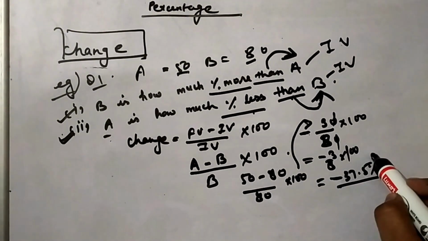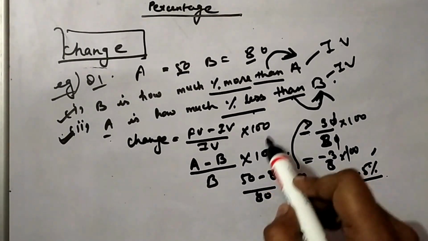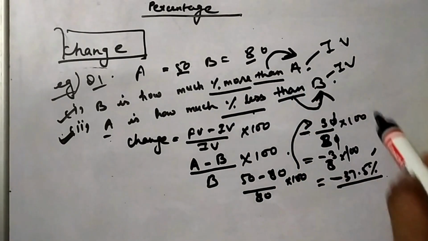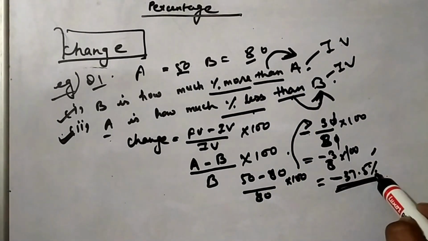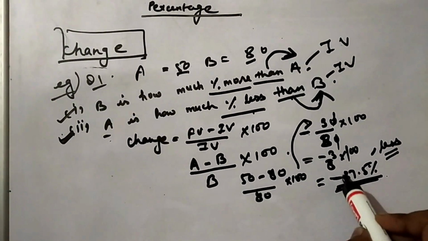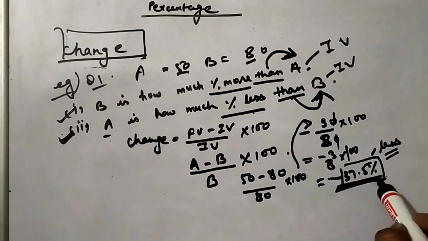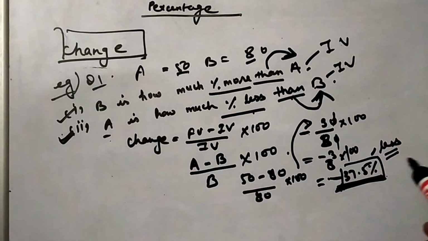Minus is showing it is less. In the first one the number was positive, but here the minus sign shows that it is less. But the answer will be 37.5. It will not be minus.